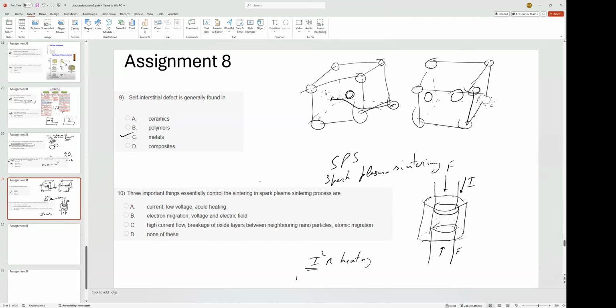Current can be like 1000 or 2000 amps, with low voltage. Power is current times voltage, right? I times V. We just want very large current. We can have low voltage to have the same power.